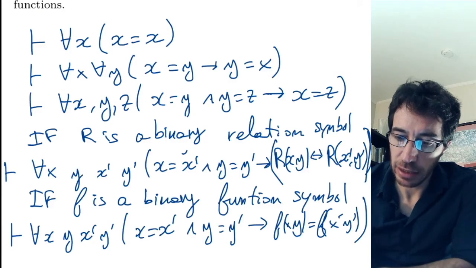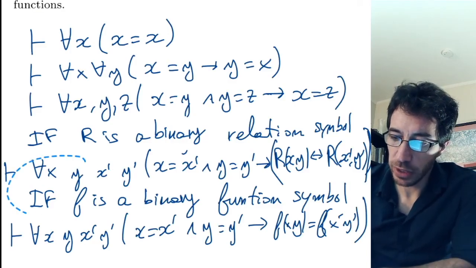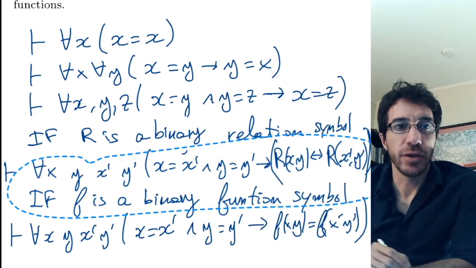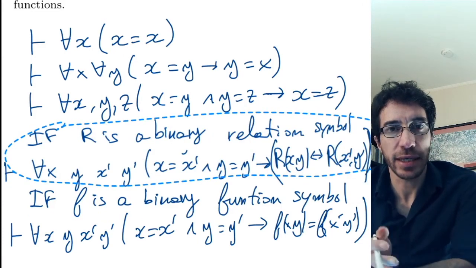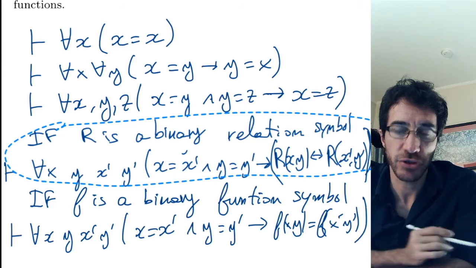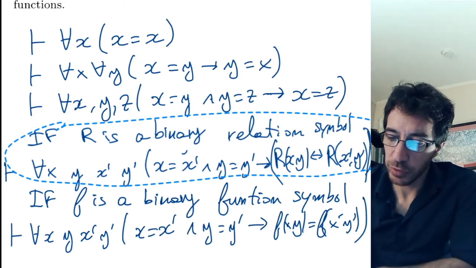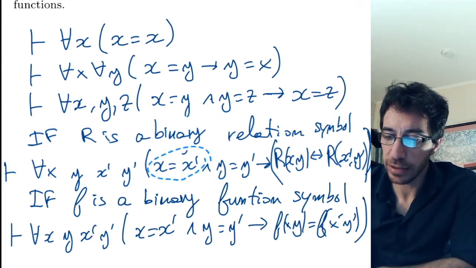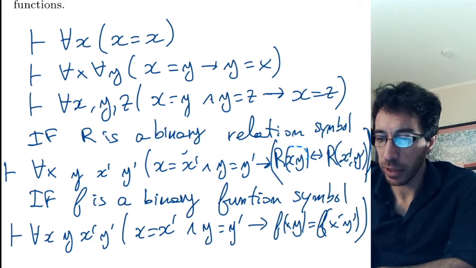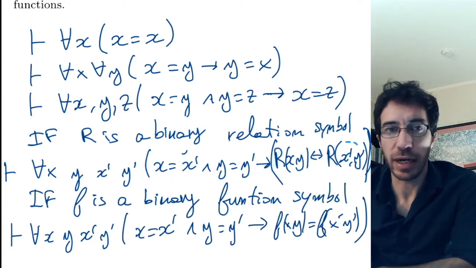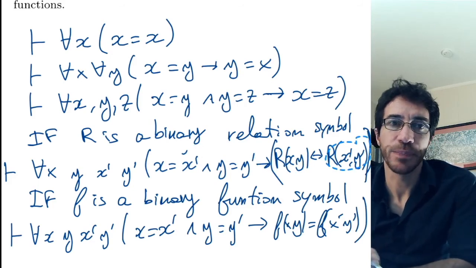So this again requires a proof, and the proof again follows from the congruence of equality that we had last week, and using that part up here, that if you had a relation symbol, in that case we did binary just to simplify the notation, and you know that x equals x prime and y equals y prime, then Rxy holds if and only if R of x prime y prime holds.